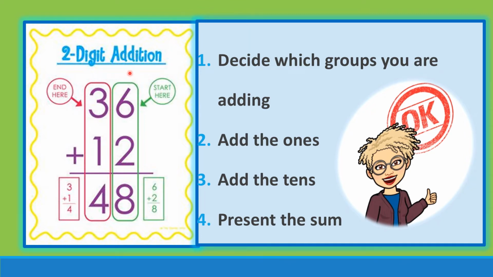Although we are not regrouping, it is important for us to remember to always start here. This area here is the ones area. Then we move over to the tens area to add. Let's look a little deeper into this concept.